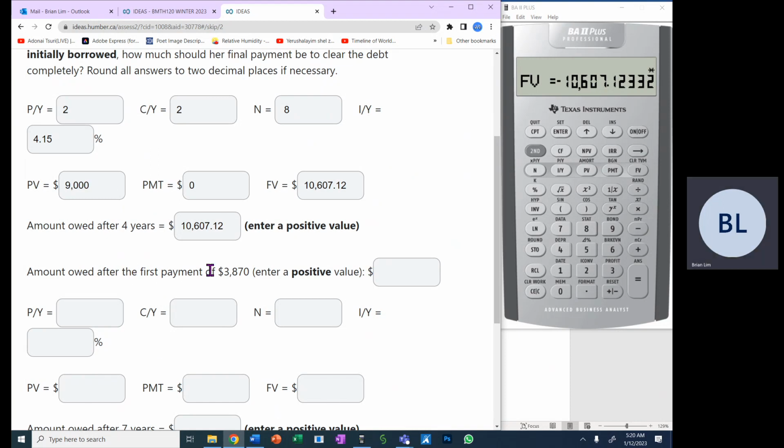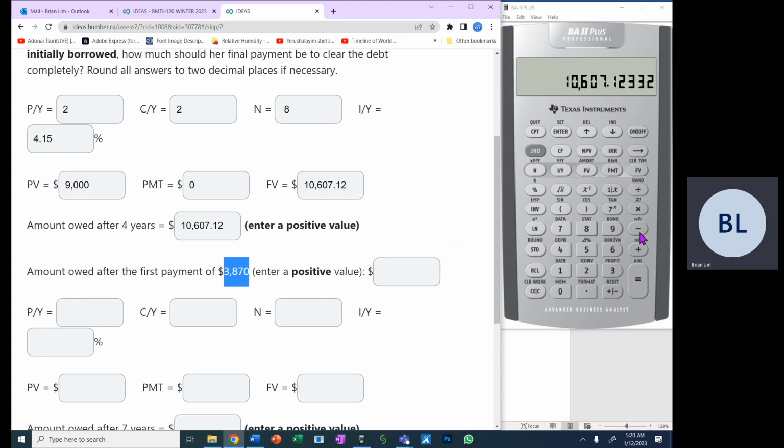All right, now, so there's a payment, $3,870. So what I will do is make the future value positive by clicking on this plus minus. And then I can subtract this number here, is 3870, right?